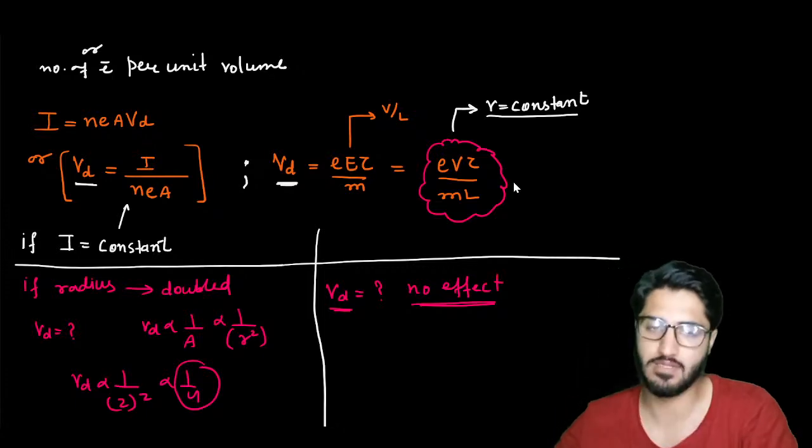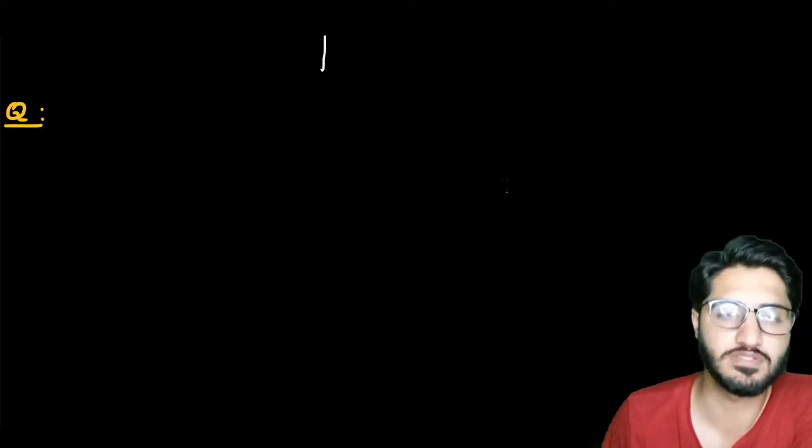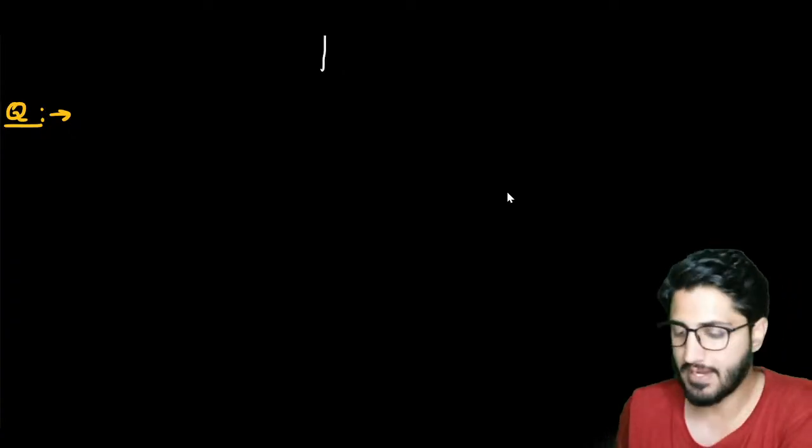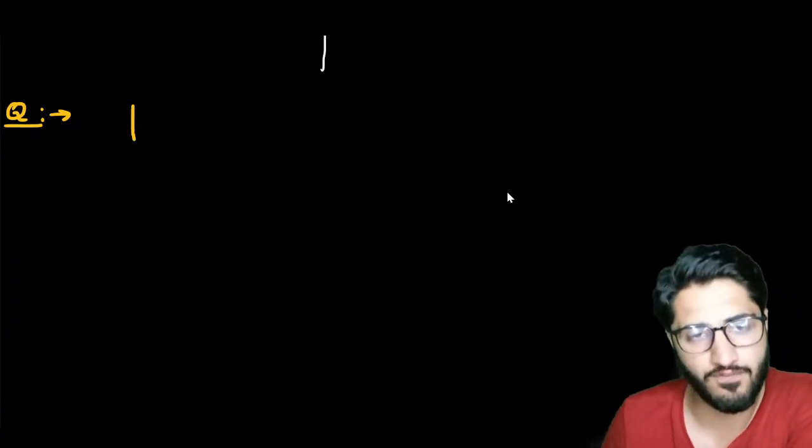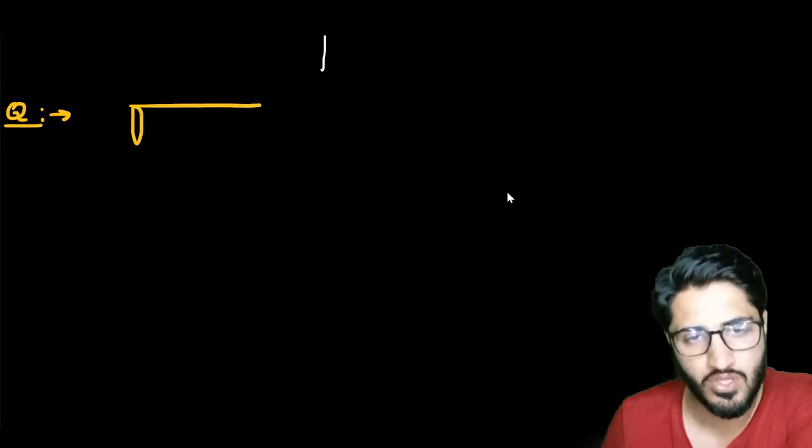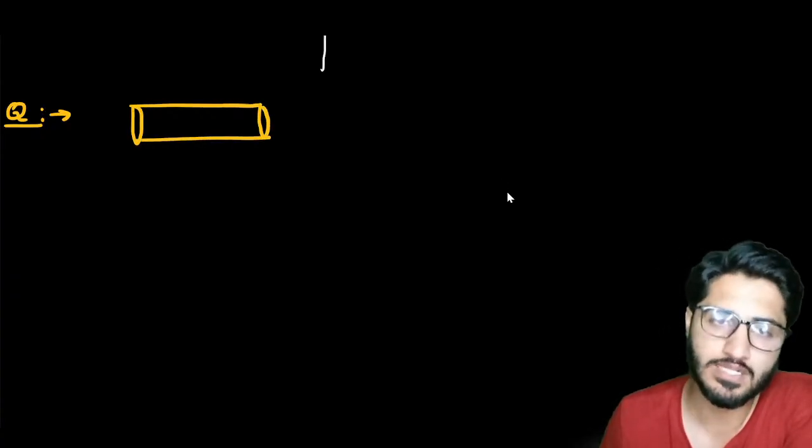Okay, one more numerical now. This numerical will give you a sense of how you need to manipulate your equations. Suppose the numerical states that we have two conductors joined in a series manner.